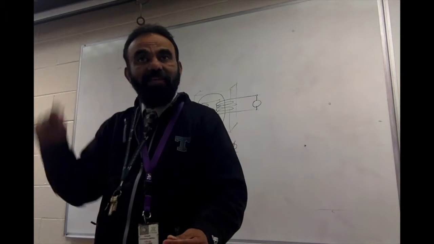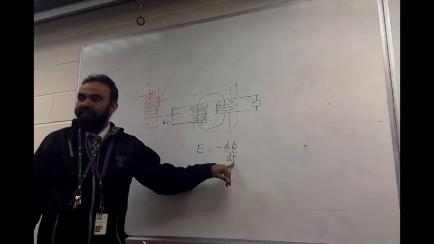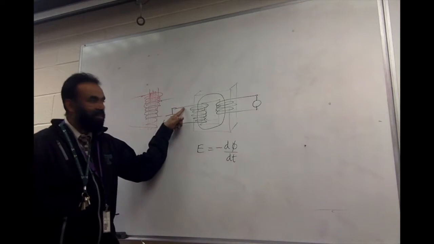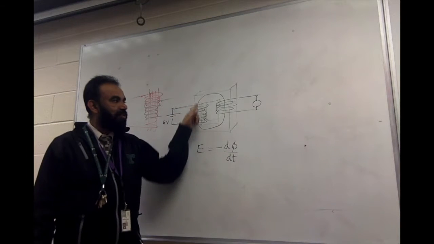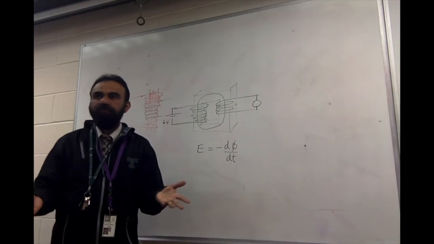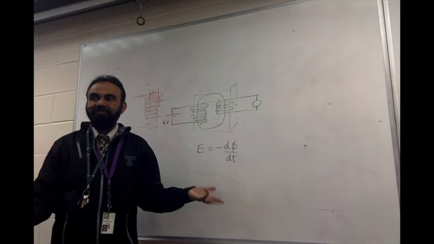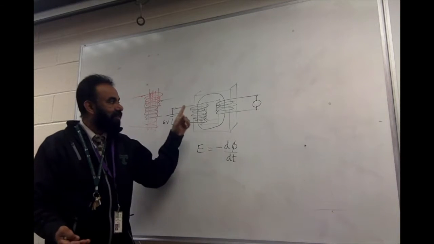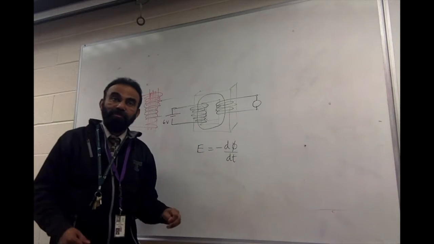But the moment I disconnect, what is happening is, in a very, very short time, the current in this wire suddenly becomes zero, which means the flux that was passing through this core suddenly drops to zero. Because if there's no current, how can you have a magnetic field? There's no current, there's no magnetic field. And so as soon as the current drops to zero abruptly, the magnetic field also drops to zero abruptly.